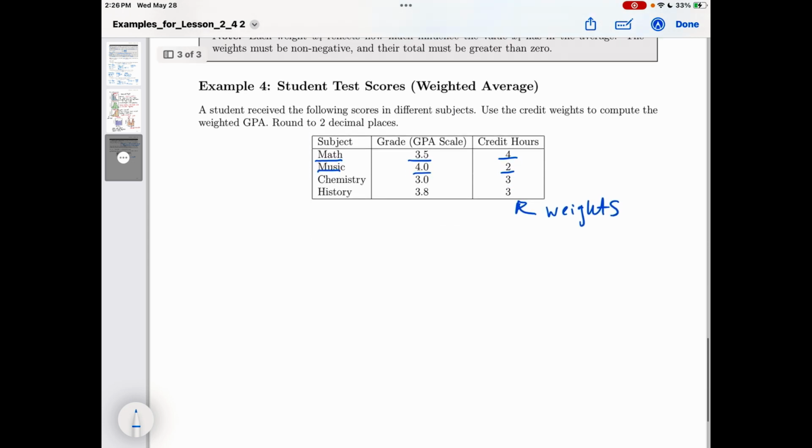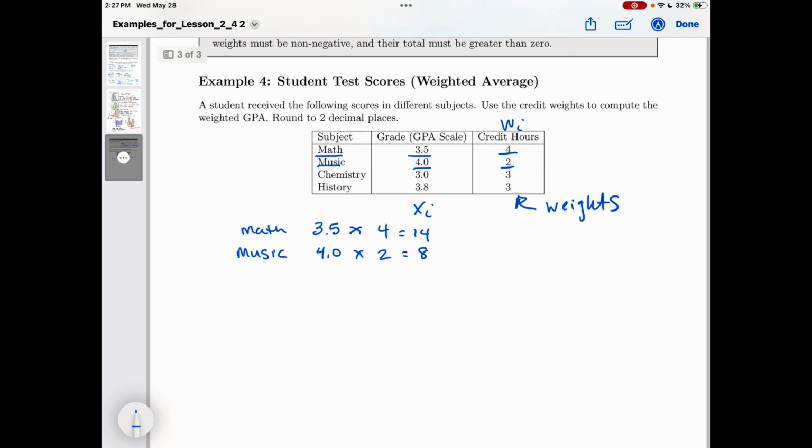So using this formula up here, we're going to take each of the weights and multiply it by each of the grades. The grades are your xi's, and these are your weights, your wi's. So for math, we're going to take 3.5 times 4, and we're going to get 14. For music, we're going to get 4.0 times 2 credit hours.